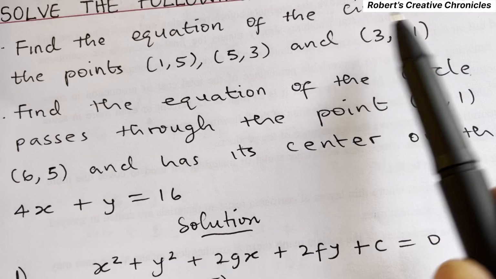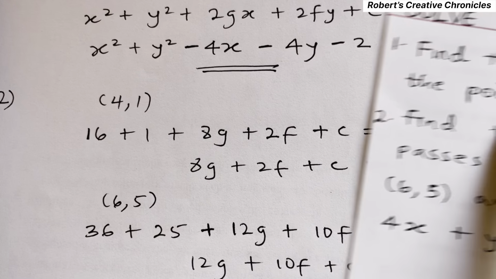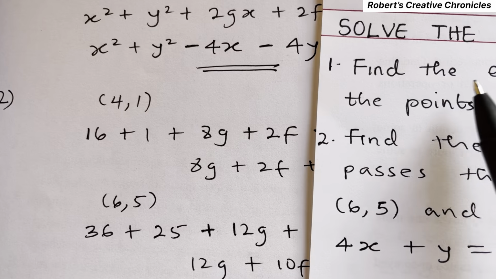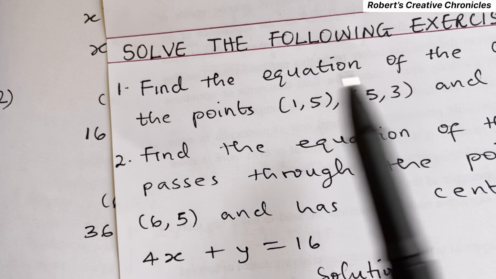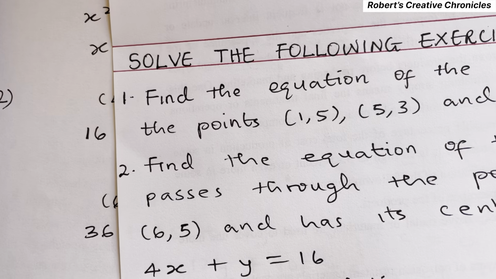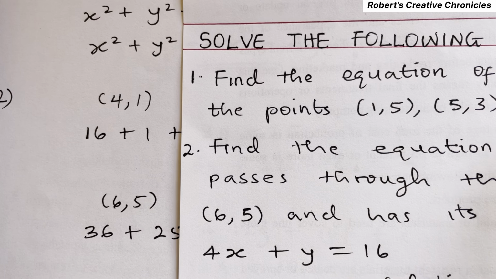You substitute the first point first. Anywhere you see x, you put 1. Anywhere you see y, you put 5. The first trial, it gives you 0. Then you substitute the second point, it gives you 0. And you substitute the third point, and it gives you 0. That means that equation is the correct equation of the circle.